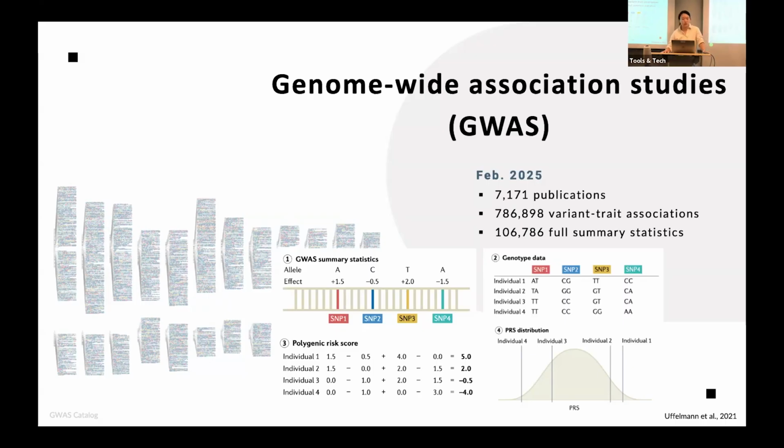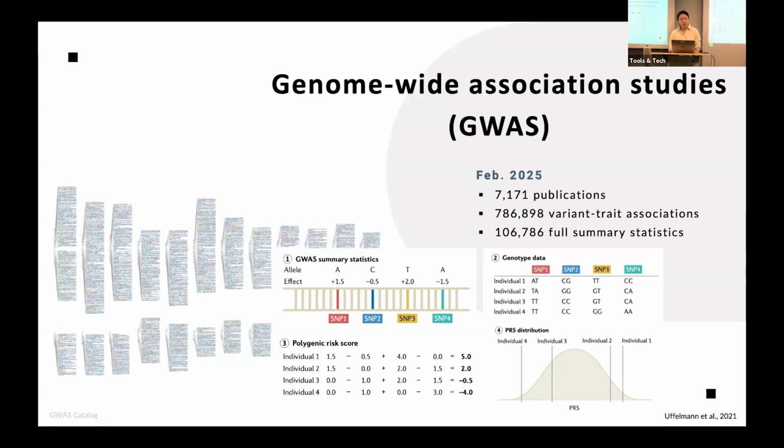We can use this polygenic risk score to predict an individual's genetic predisposition to diseases like breast cancer, prostate cancer, or cardiovascular disease. We can use it to stratify the individuals into different risk categories, or we can even use it to study the genetic architecture across populations.